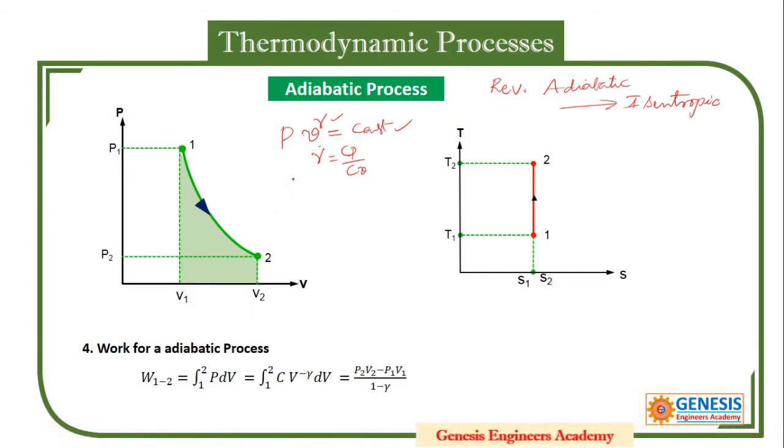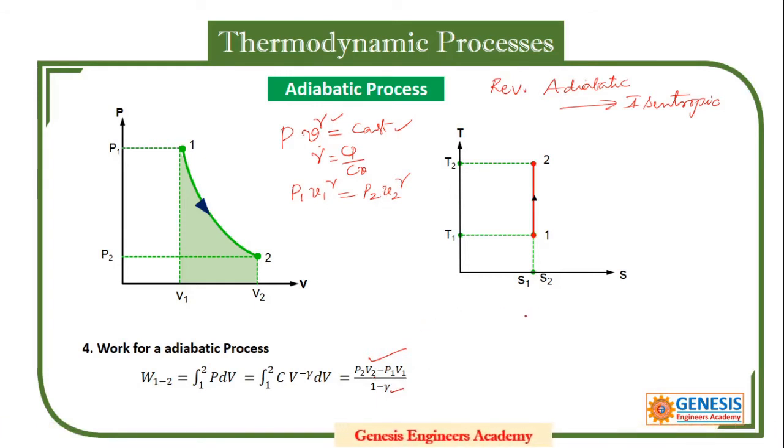And if you want, you can substitute like this, P2 V2 to the gamma. Here the work done procedure is the same, so you just have to replace n by gamma. That's all. Okay.